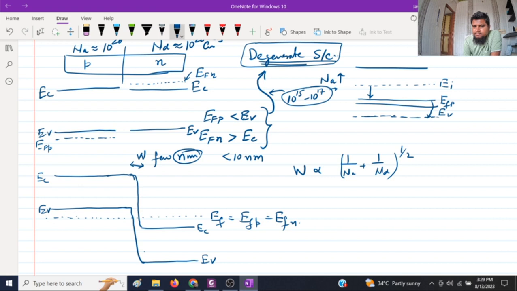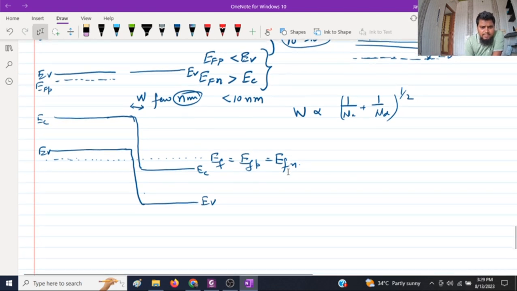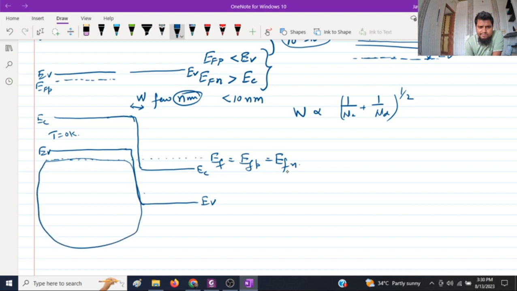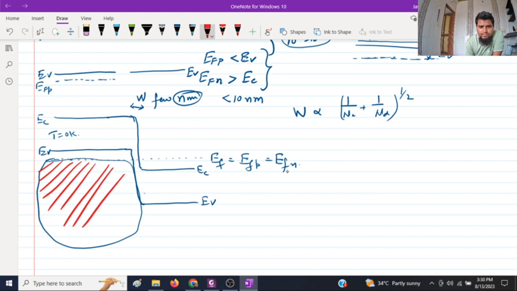So this is the given situation in equilibrium. Till now we have not applied any bias. From the definition of Fermi level, at T equal to 0 Kelvin, all these regions are filled with electrons.